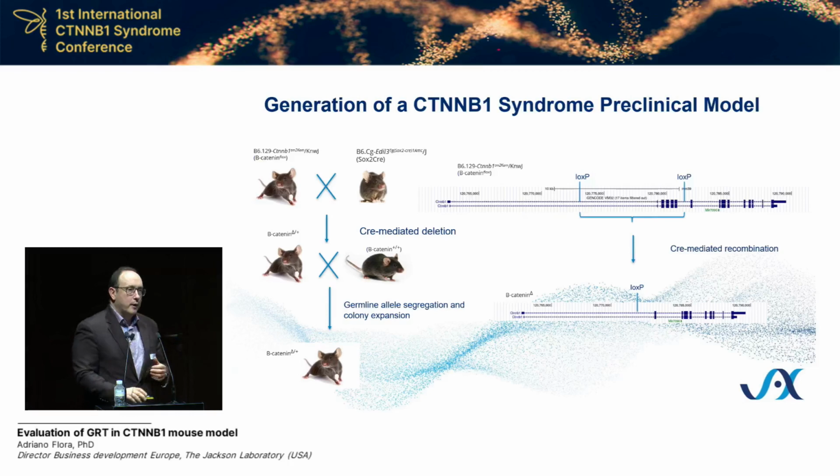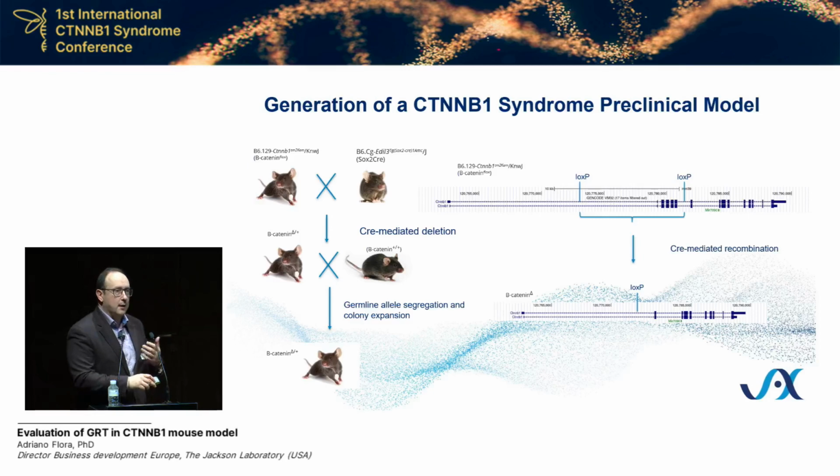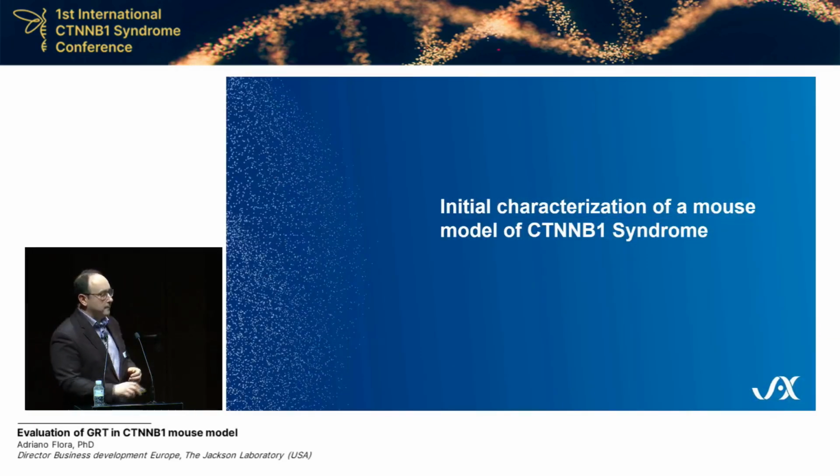We confirm this deletion by PCR and other methods. I'm not going to go into the details, but what we have now is a mouse line opposite to the line that was presented before, which had a point mutation. This is, I would think, a more drastic loss of function.